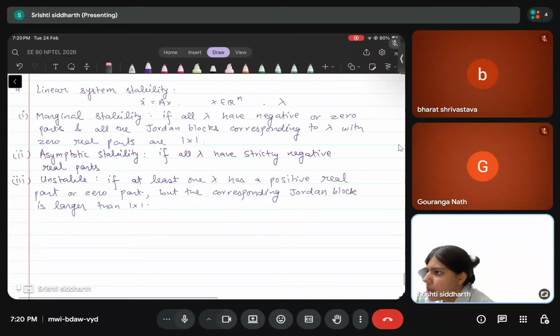We also have another condition on asymptotic stability.